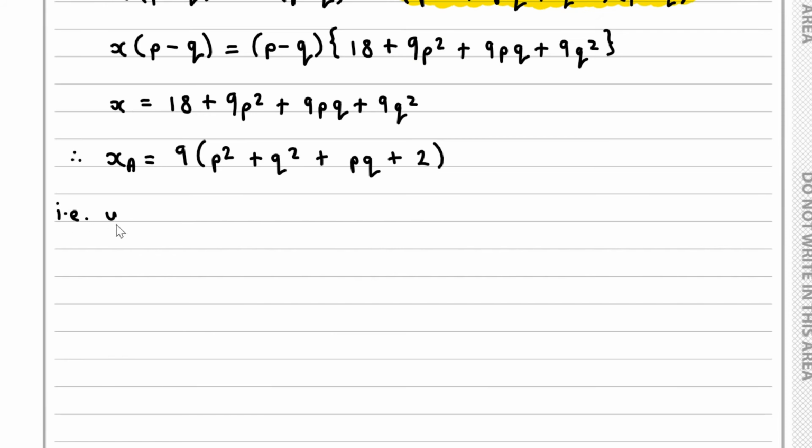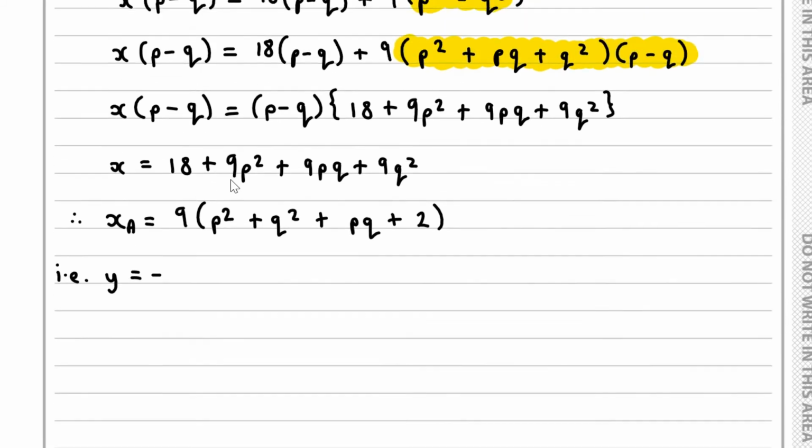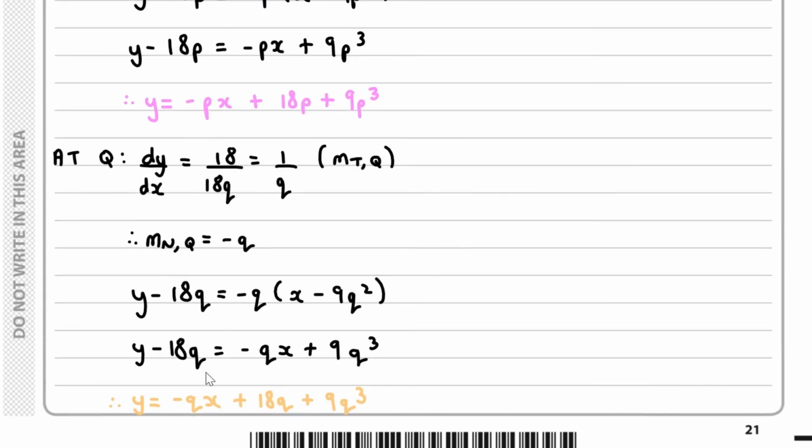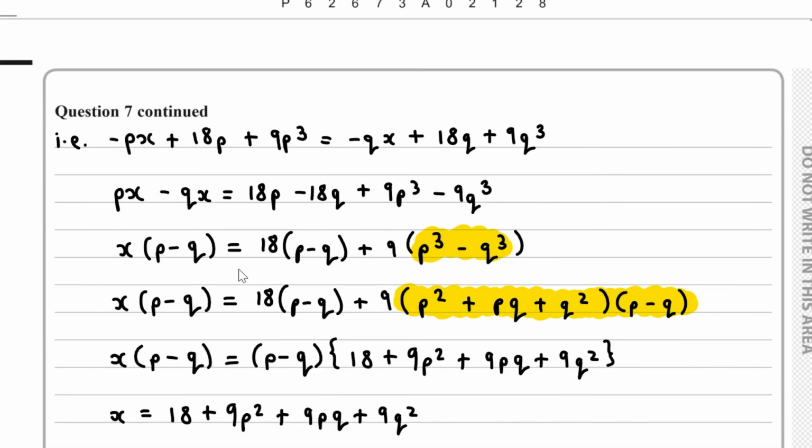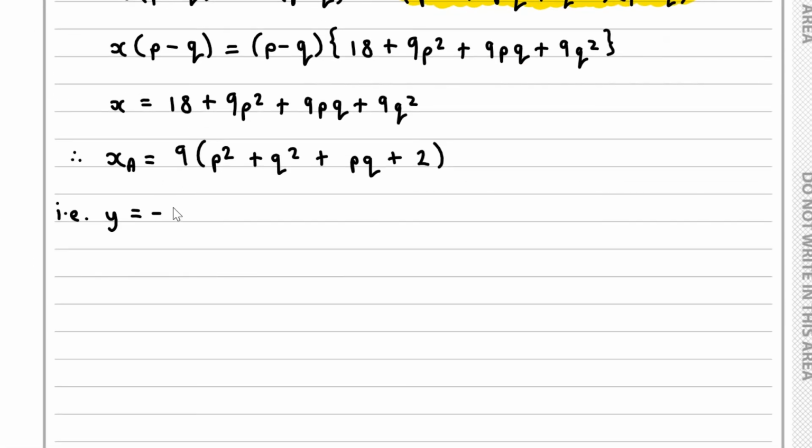So if we find out the corresponding y coordinate, we have over here minus px. So if we go back over here, we've got minus px, so we've got minus p times by 9, so that's minus 9p, and then we've got this bit over here as well.